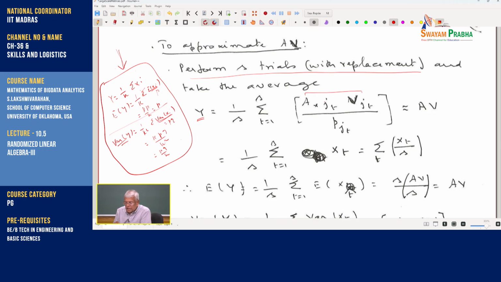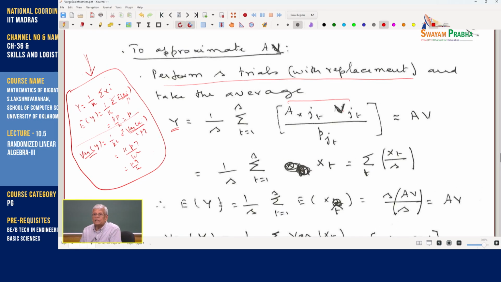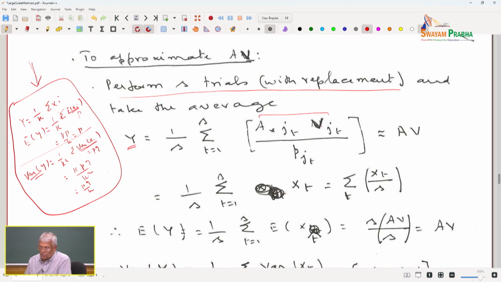It is the scalar multiple of the jth column with the jth element of the vector v scaled by Pj. This is the value of the random variable in one selection. I am going to have S selections. So, this is going to be the sum of these, 1 over S of this.